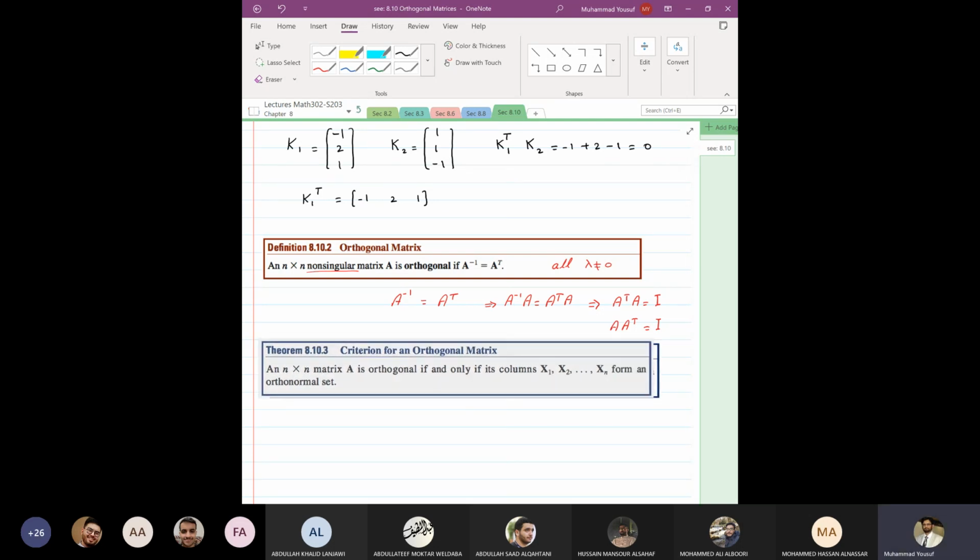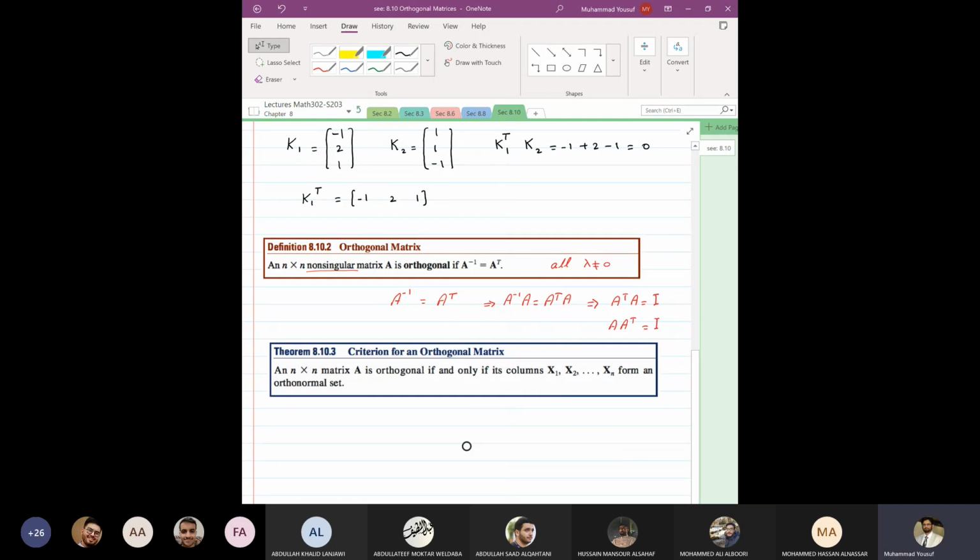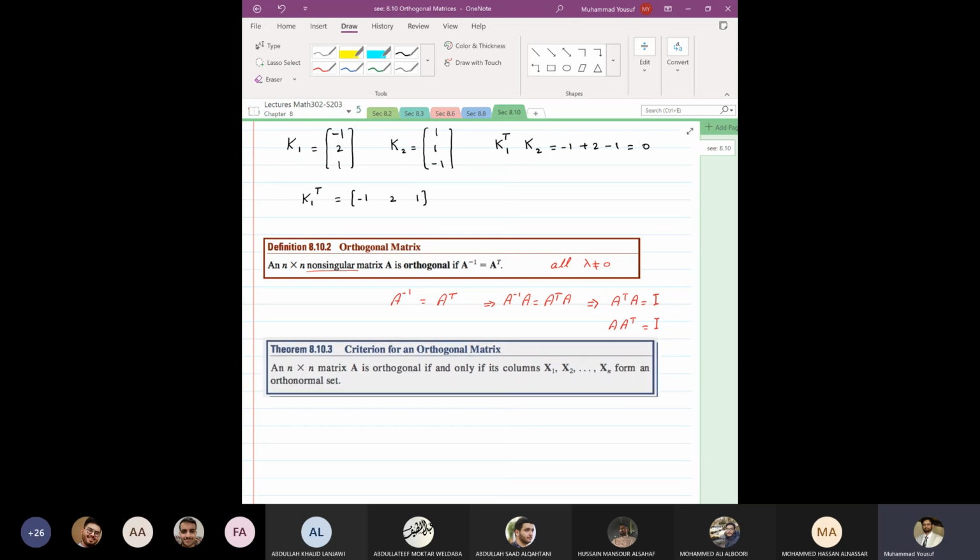About this idea of orthogonality, the result says that if we have a non-singular matrix A, we say that A is orthogonal if and only if its columns form an orthogonal set.